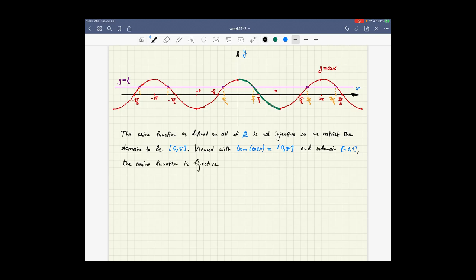And being bijective, it has an inverse, moreover, a unique inverse.